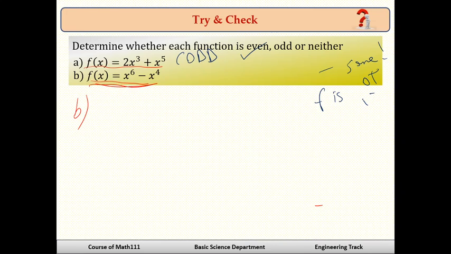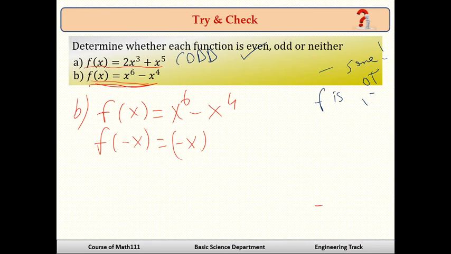So we will use this one in part B. This is also a making problem. Sometimes some students take the first one for the second one, so it makes a problem. So f of x, and now f of minus x. Minus x to the sixth, minus x to the fourth. You got minus sixth power, so it's positive. Now negative fourth power, so it will be positive. So you have minus x to the fourth.